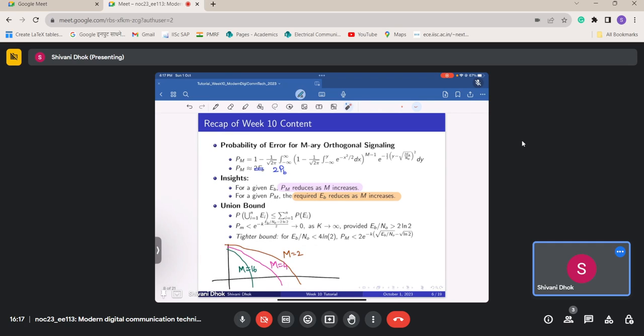That is, if we need to find the probability of a union of some events, then that probability will be less than or equal to the summation of the probabilities of those events.